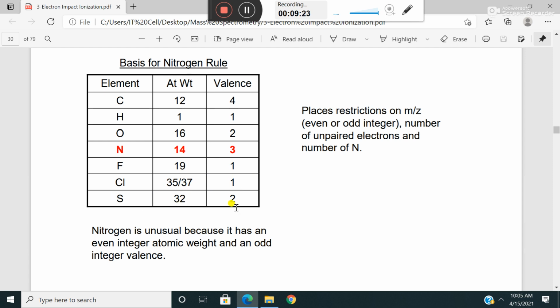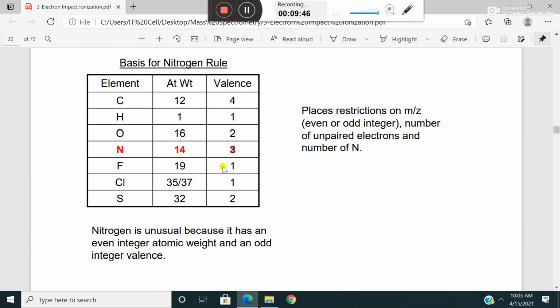Sulfur, even, even. There is only one special case, nitrogen, where the atomic weight is even, but the valency is odd. Atomic weight even, valency odd.